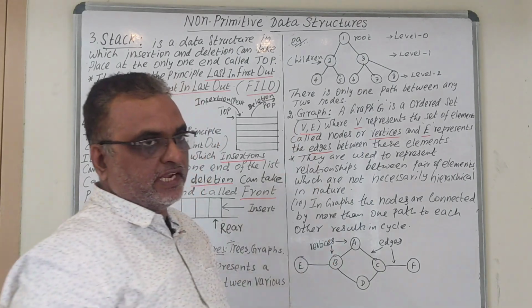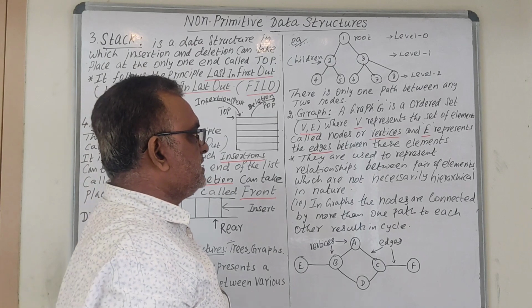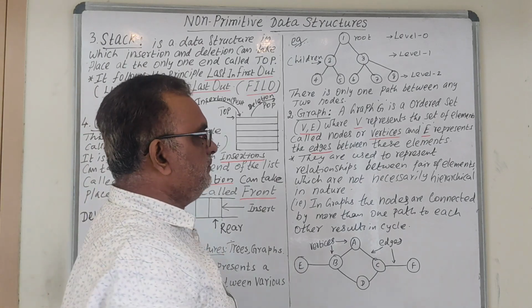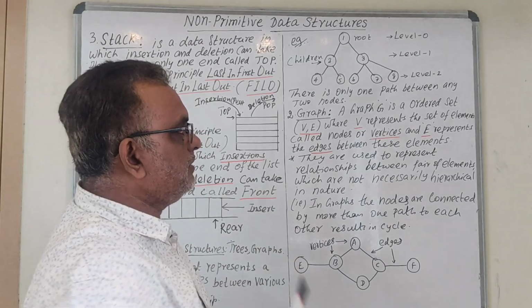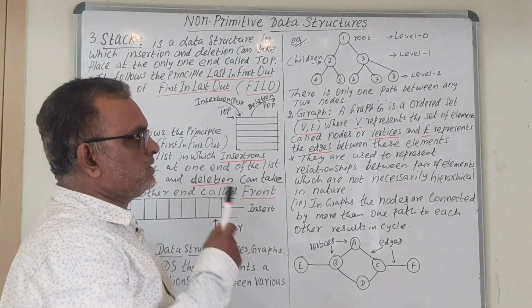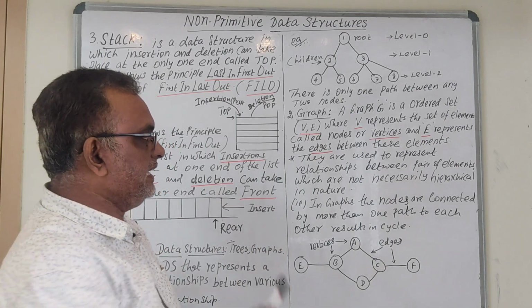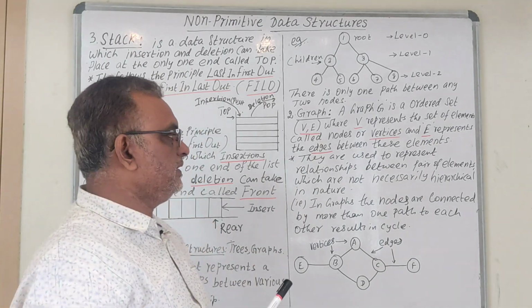I move on to the second one, that is the graph. A graph G is an ordered pair (V, E), where V represents the set of elements called nodes or vertices, and E represents the edges between these vertices.